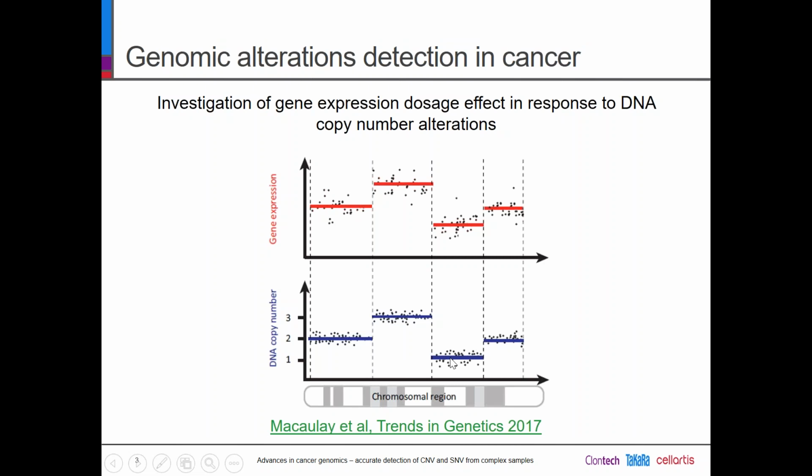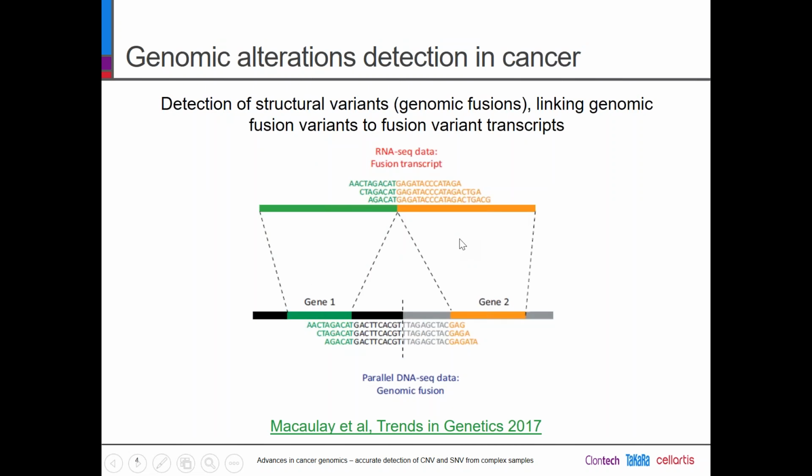This one is lower, etc., etc. So you have genomic regions which may be amplified or deleted, and you might want also to correlate those CNVs on the DNA with differential expression of the genes present in those regions.